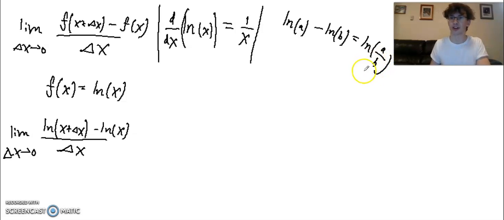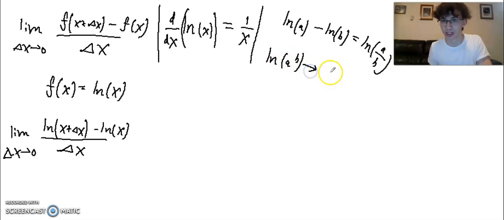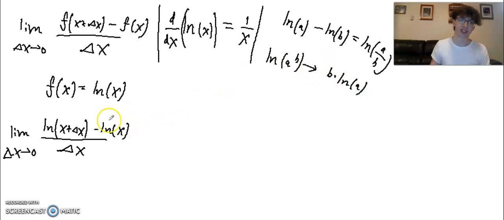And another rule is ln of a to the b power can be rewritten as b times ln of a. Now, we want to simplify this so we can actually evaluate the limit. So let's use these two rules that we know from pre-calc.